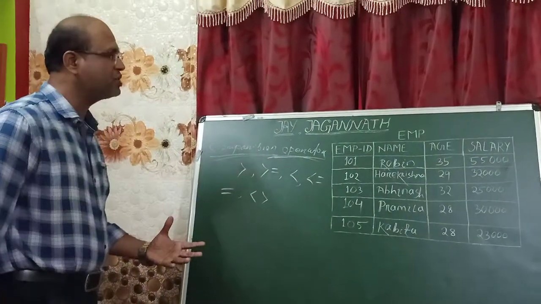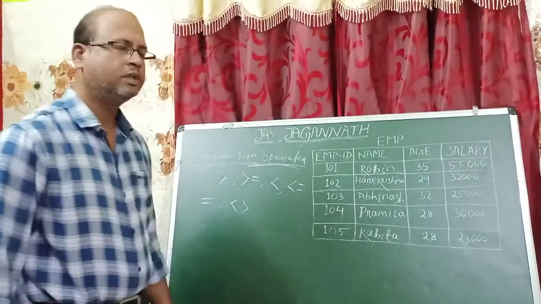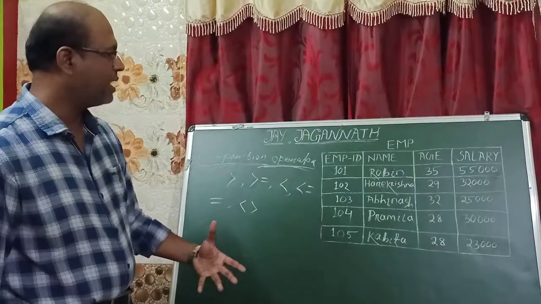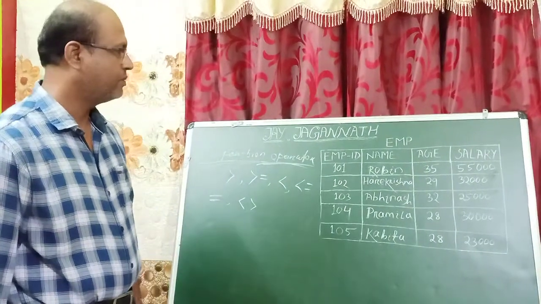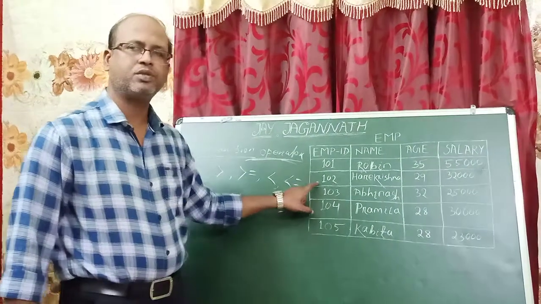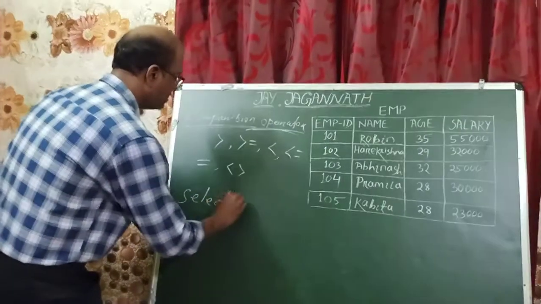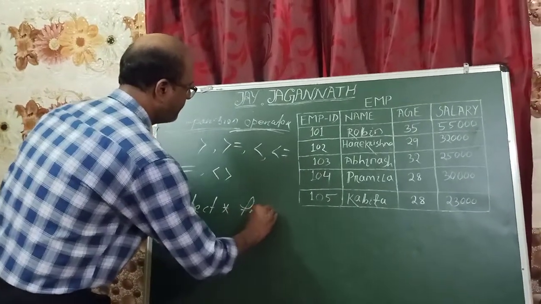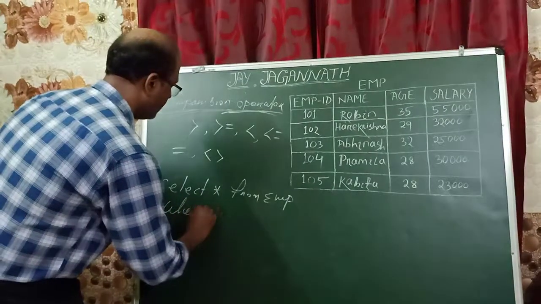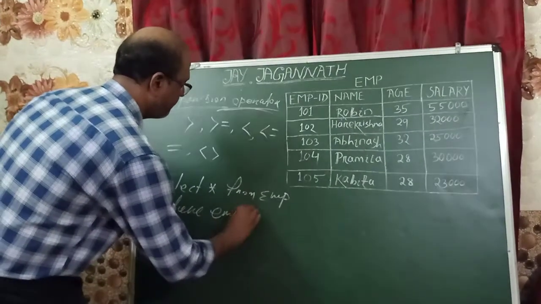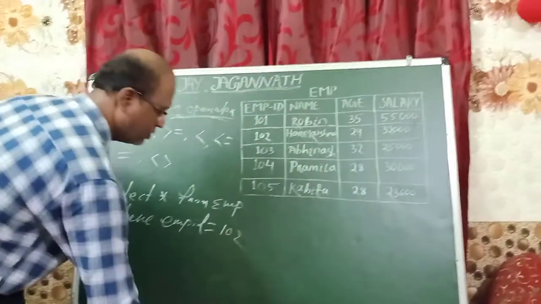Suppose your intention is to retrieve the records of Hare Krishna. Suppose your intention is to retrieve the records from the table whose name is Hare Krishna and employee ID is 102. Then how can you write this? Select star from EMP where EMP ID equal to 102.